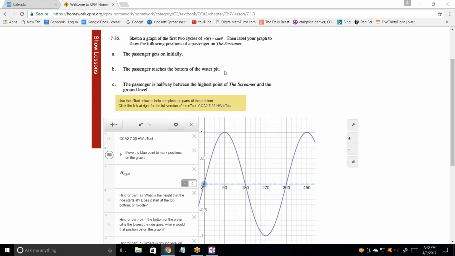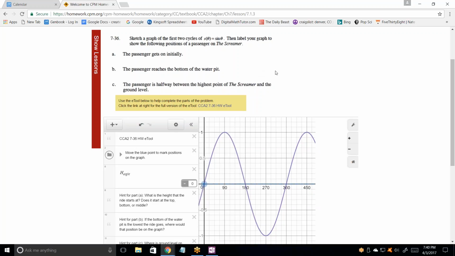At 270, minus 1. Just reverse. In other words, your x coordinate goes first, comma, your y coordinate. So it's 270, and it's not 0, it's comma minus 1. See that? And that's why they say he reaches the bottom of the water pit.